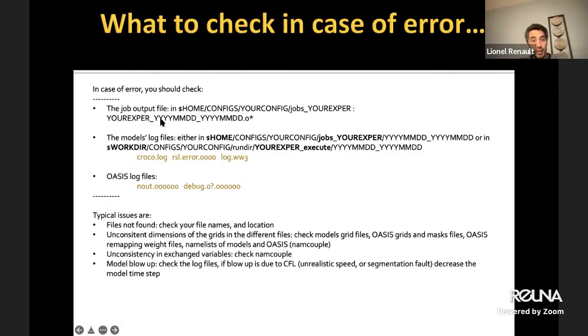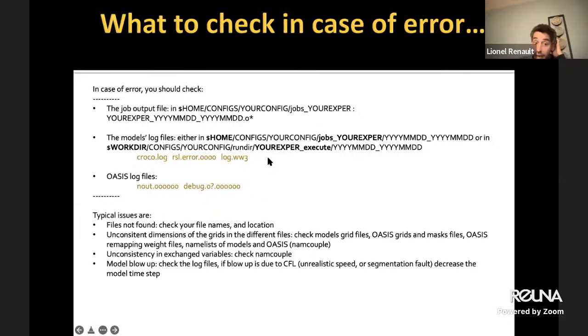Usually in a cluster, you will have an output job file, named this way using our scripts. Then you can also check the croco.log files, the WRF error files, and the log file from WaveWatch in the folder where you execute the models. And there are also all the OASIS log files that can be useful to check.